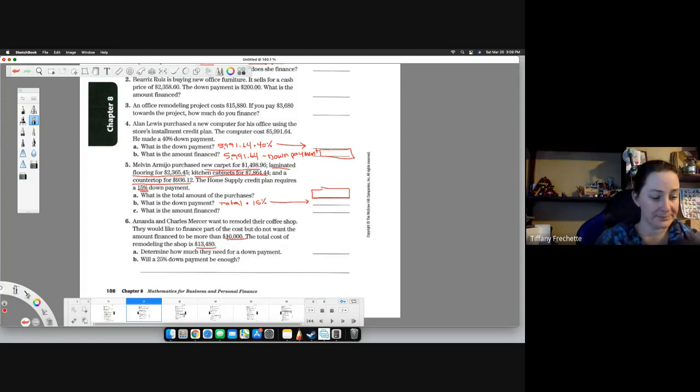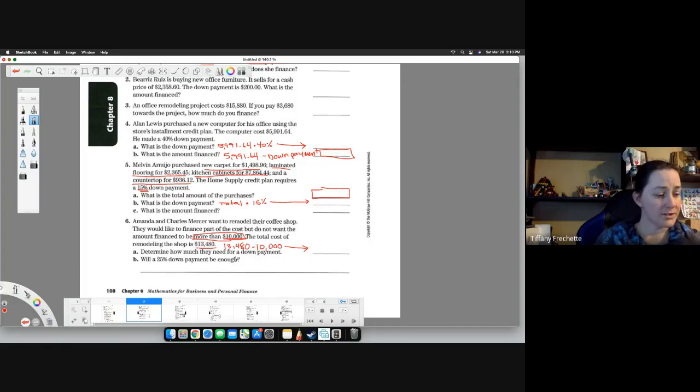So if they don't want it to be more than $10,000 for the amount financed, we simply just have to subtract the $10,000 from the amount that it's going to cost them. Okay, and that's what they need for their down payment. There is whatever amount is over $10,000. So that's, again, a pretty simple calculation there, and they won't be needing to finance that amount, right?